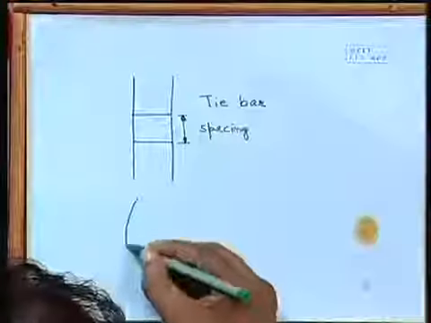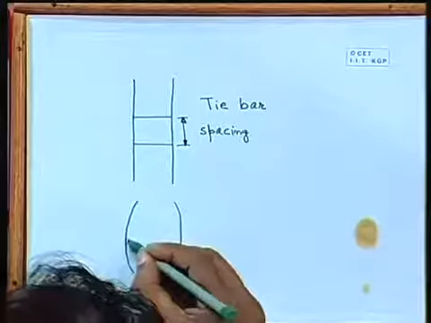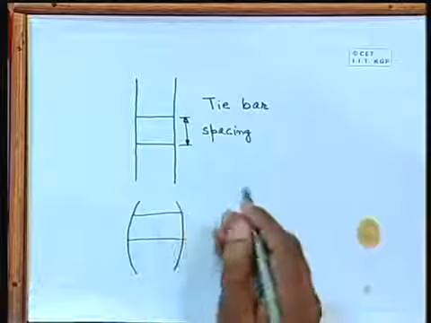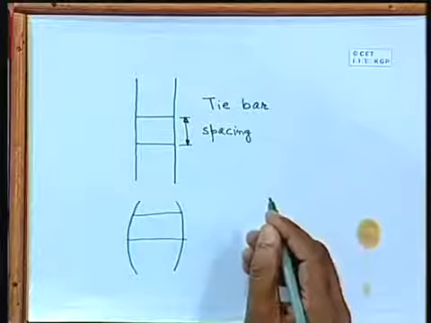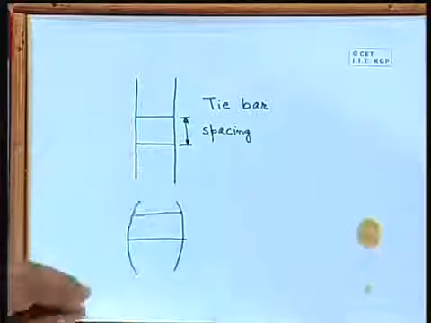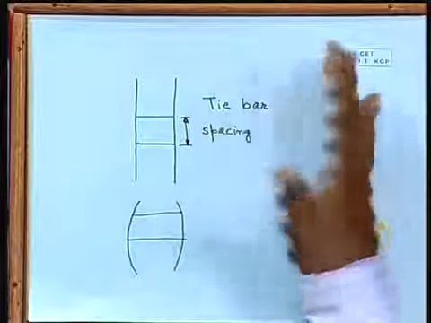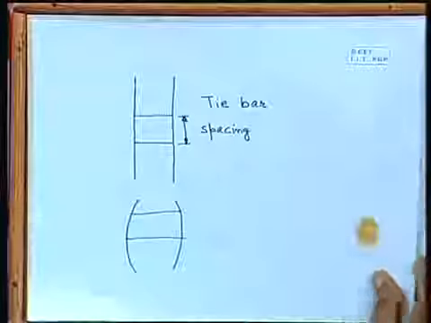It may happen that the column will bulge like this. So that's why you have to tie it, so that it will not go out and will not separate out. This also has to be provided, and it depends on your column dimension and a lot of other things. When we design that column, at that time we shall look at this particular aspect.